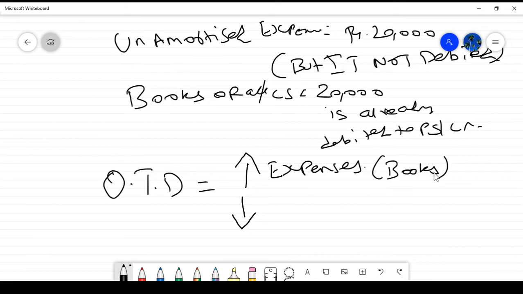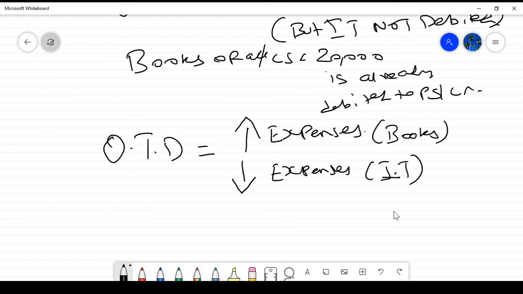And what will happen in my IT Act? Expenses is less, because I did not make an expense, because I am amortizing. I am not accounting all the expenses in the first year itself. I am amortizing these expenses.